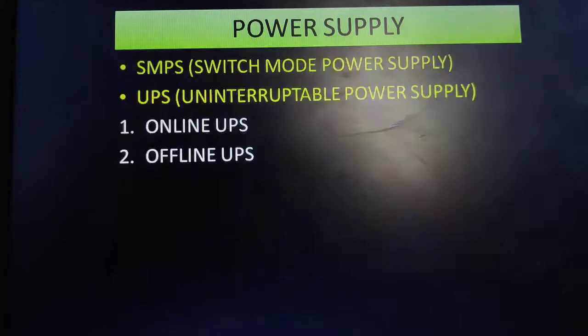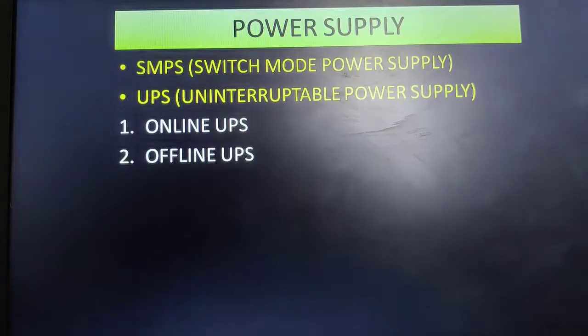Now let us discuss. Usually the electrical power is the main source of supply for the operation of the electronic components of the computer system. Because of that, we need to continuously supply power to the computer system in order to prevent failures, breakdowns or shutdowns.